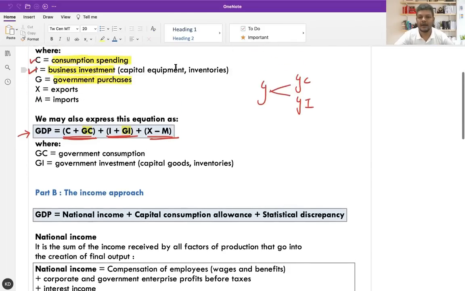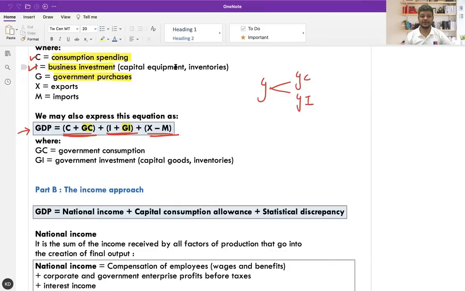This is the most important equation that we are going to use in the future for understanding GDP in detail. If you want, you can note it down. GDP is C plus I plus G plus X minus M. That's the most common equation, but I've expanded the G into government consumption and government investment. Clear? Very, very important equation. I will come back to this equation again and again. Clear?